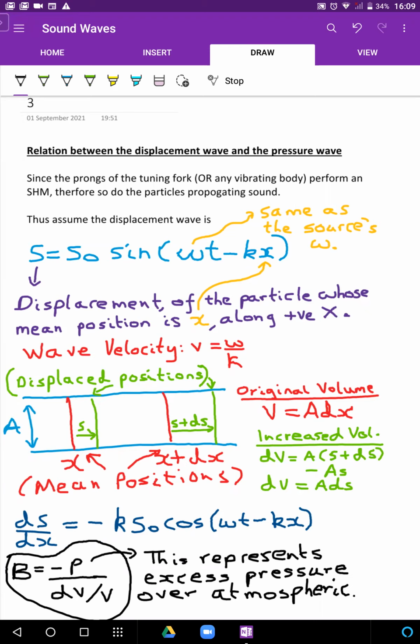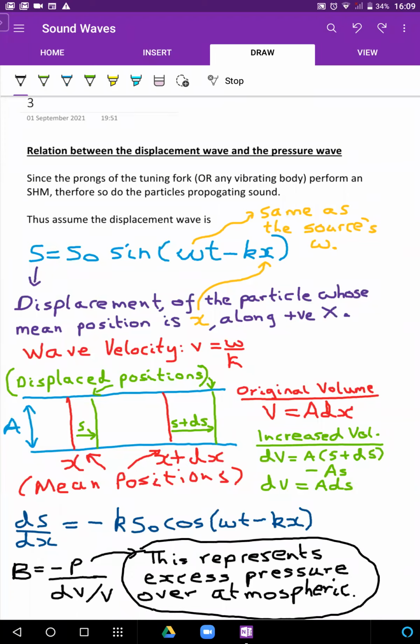You might remember bulk modulus is negative volumetric stress by volumetric strain, so bulk modulus is minus P by dV by V. And you remember me making an issue of this earlier: P is not technically current pressure, but represents excess pressure over the atmospheric pressure. Yeah, it's your gauge pressure.